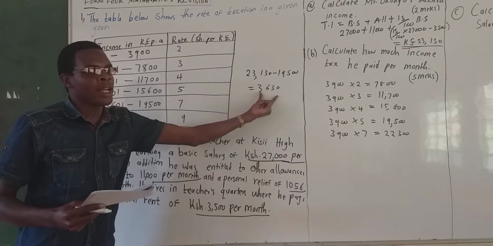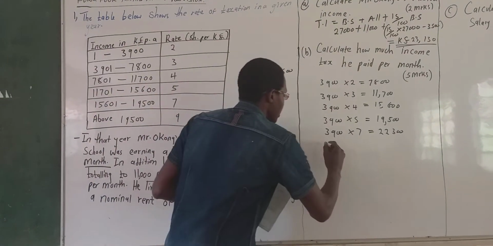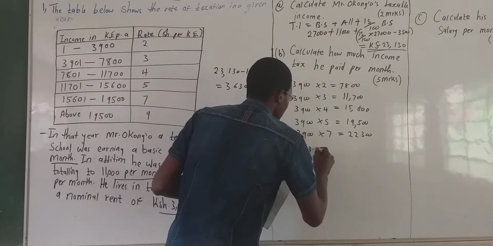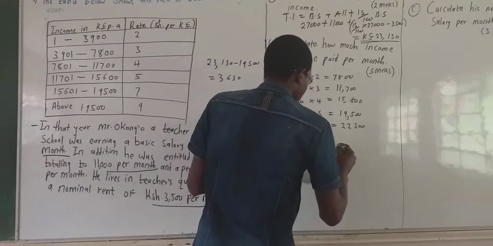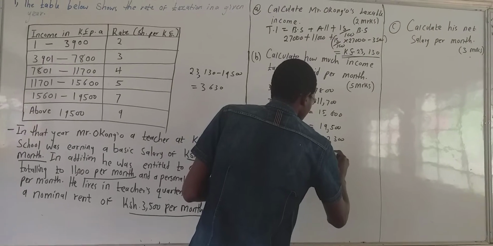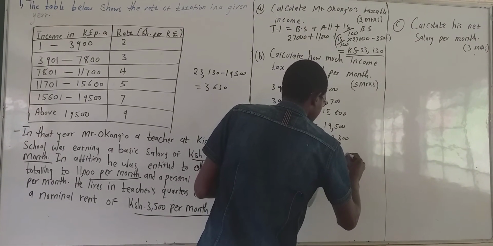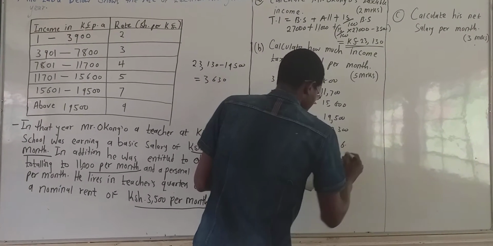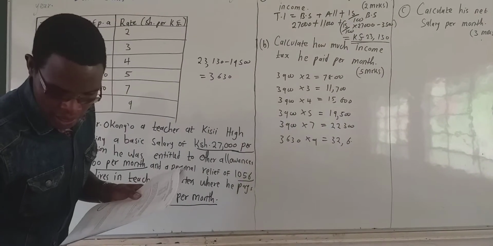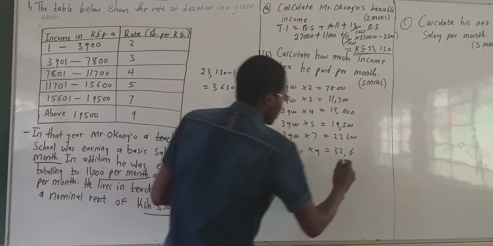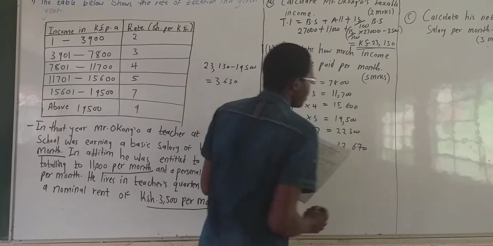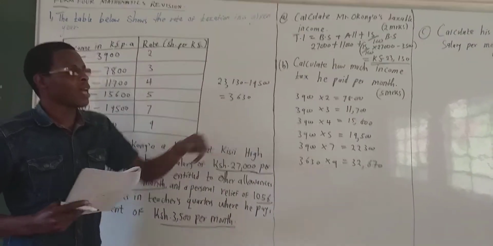So we are going to have 3,630 times 9, which is giving us 32,670. That is what we are going to have as our deductions.